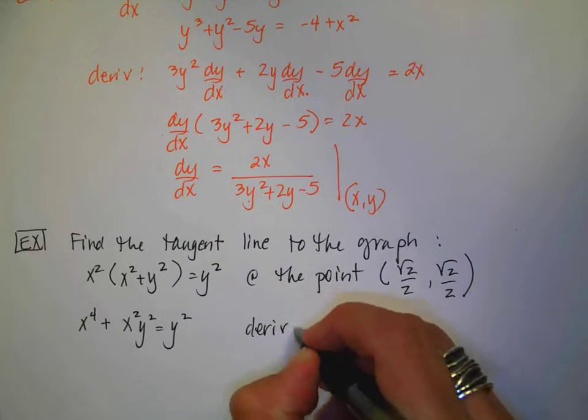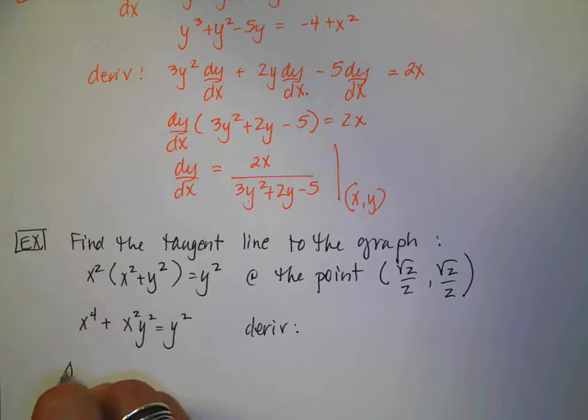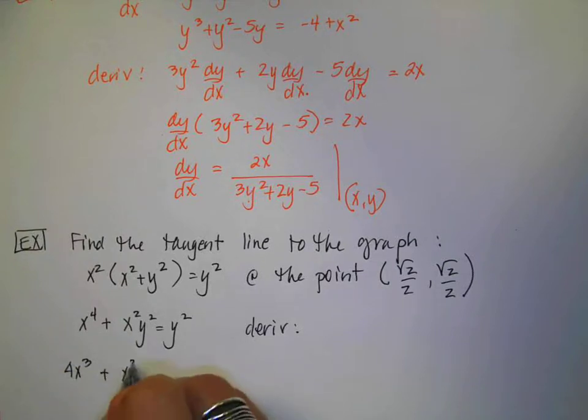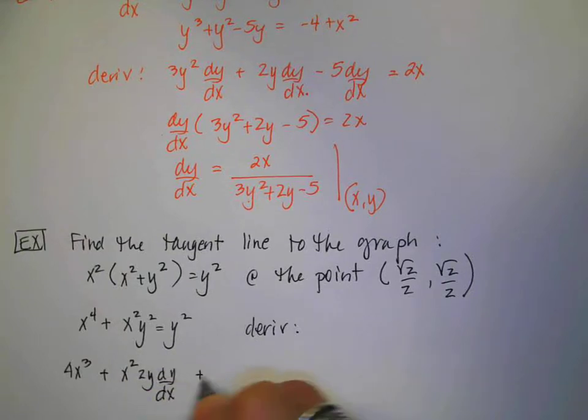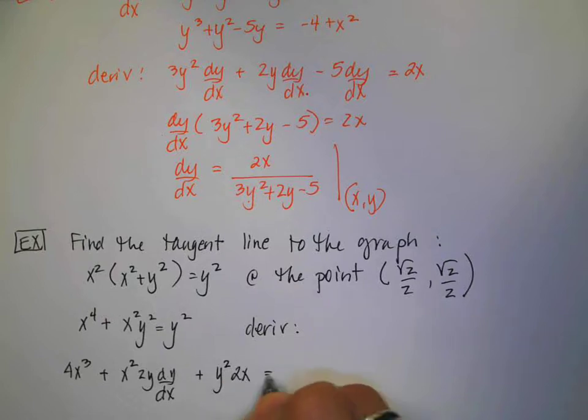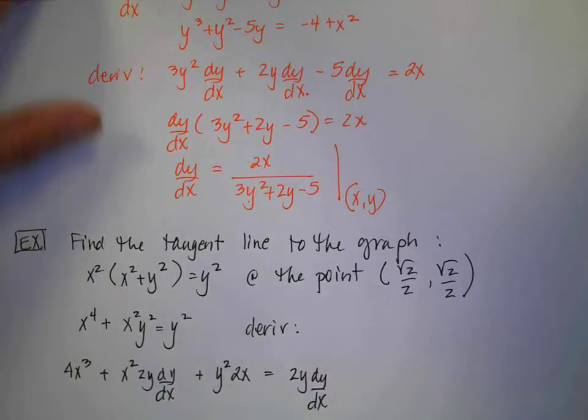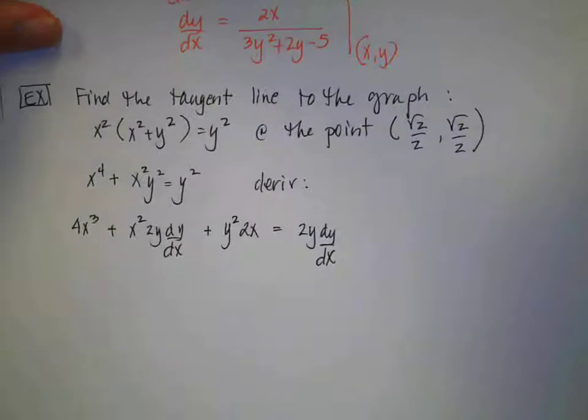So now if I start taking my derivative, I'm going to get 4x cubed plus, this is the product rule, so it's the first thing times the derivative of the second thing, remember that generates a dy/dx, plus the second thing times the derivative of the first, equals 2y dy/dx. Okay?